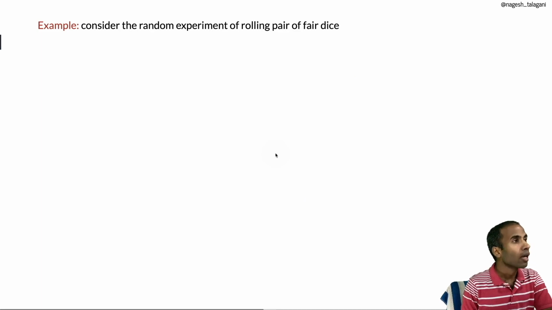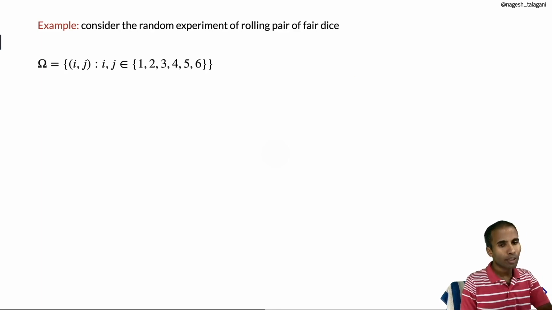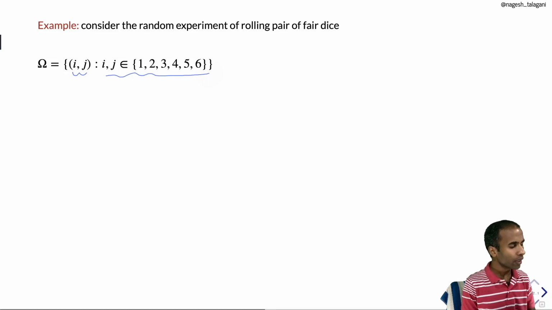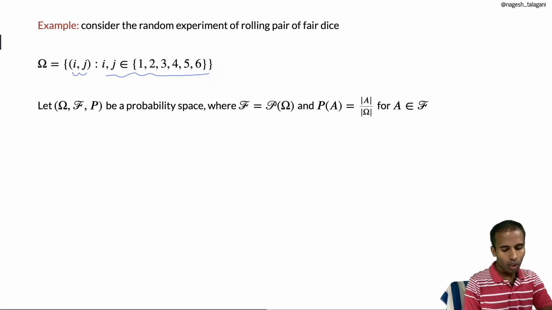Example. Consider the random experiment of rolling a pair of fair dice. Here the sample space consists of ordered pairs (i, j), where i and j vary from 1 to 6. There will be 36 possible outcomes that are equally likely. Let (Omega, script F, P) be a probability space.